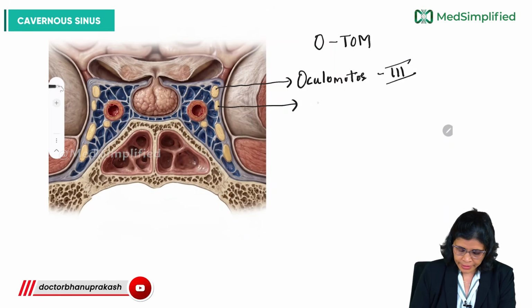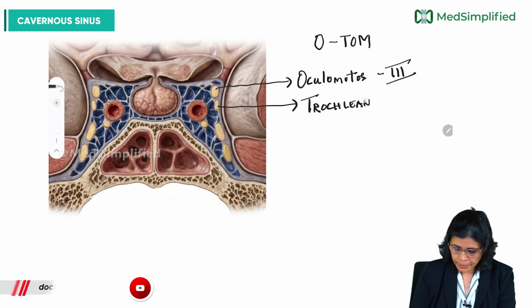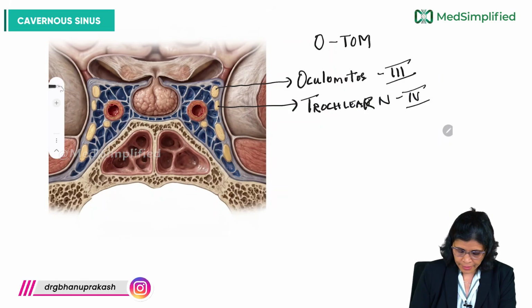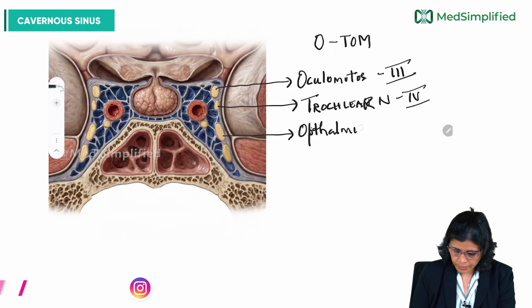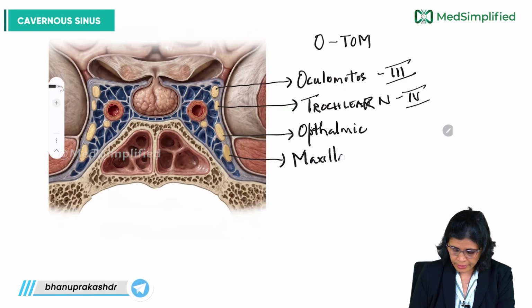Then we have the trochlear nerve, which is the 4th cranial nerve. Then we have the ophthalmic as well as the maxillary, which are the divisions of the trigeminal nerve.